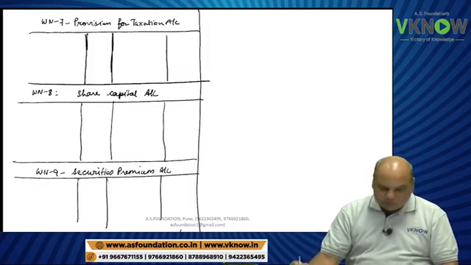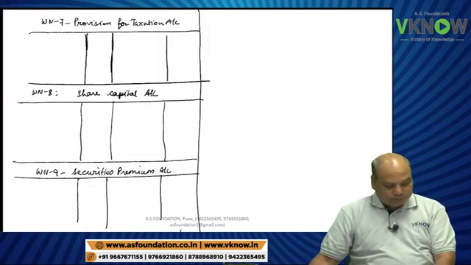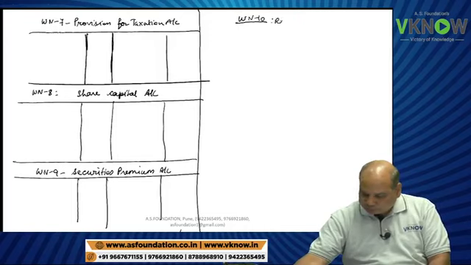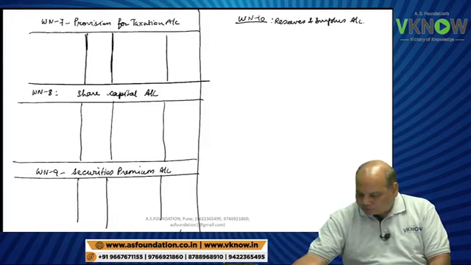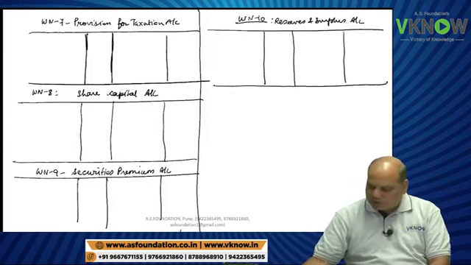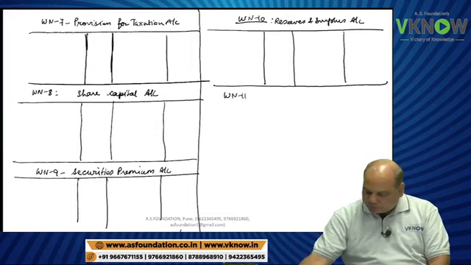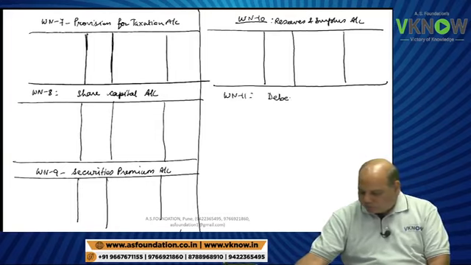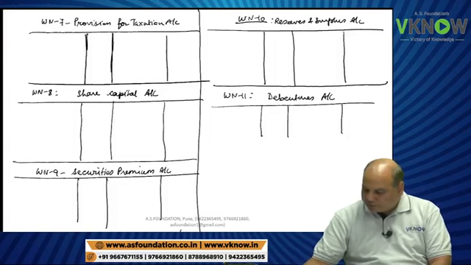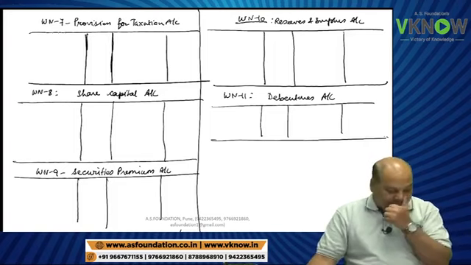Working note 10, reserves and surplus account, 6 to 7 lines. Working note 11, debenture, 5 lines.